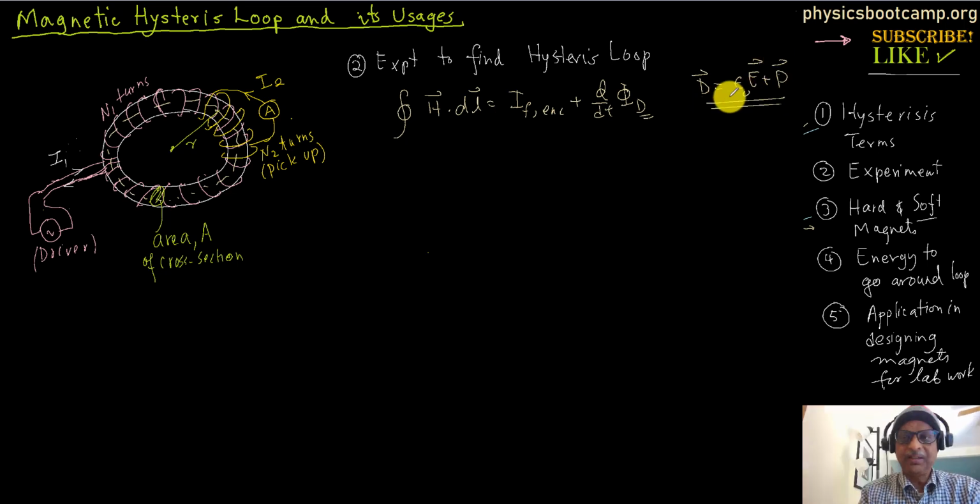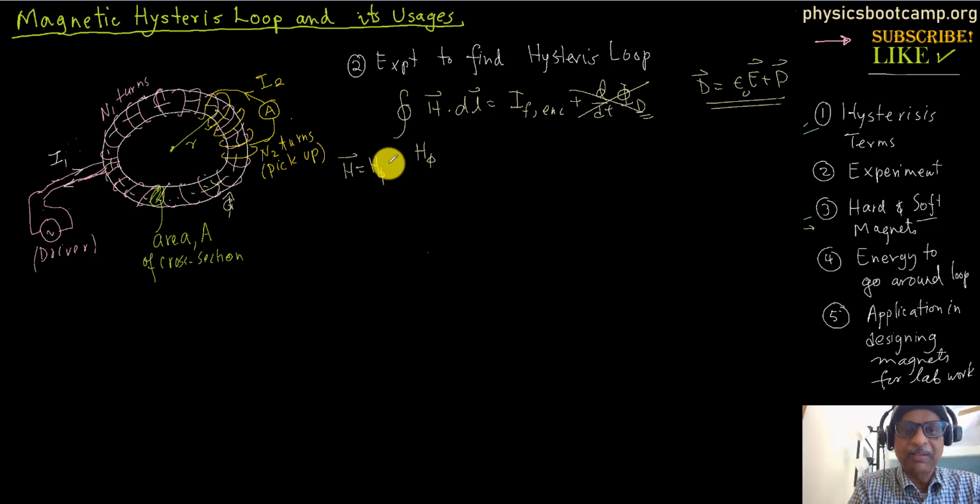But because we don't have electric phenomena here, we can just ignore that. So we just have this, and here the H direction we go is the phi hat direction.